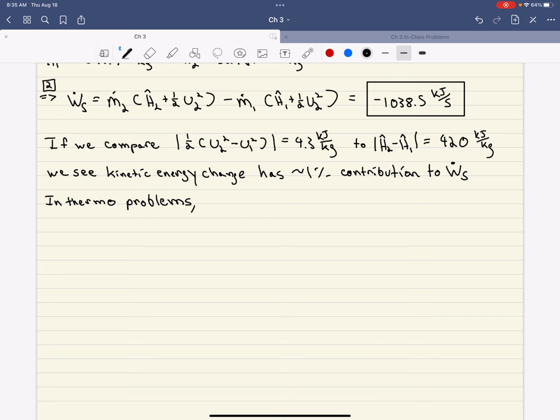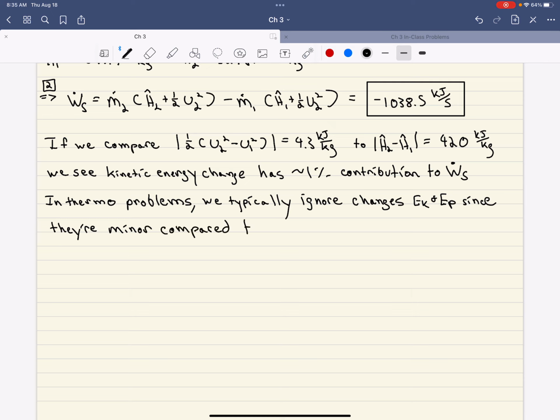But in many cases, in thermal problems, we're going to ignore changes in kinetic or potential energy, because typically they're going to be much smaller compared to changes in internal energy, changes in enthalpy, or your heat and work terms.